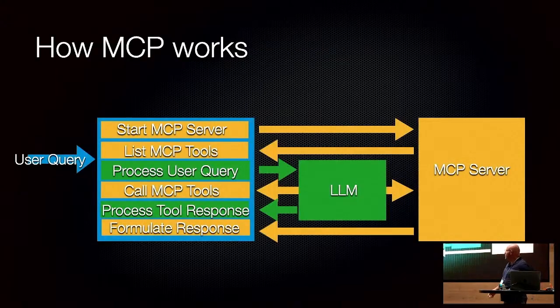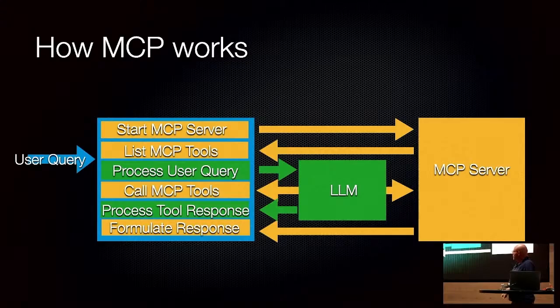So how MCP works is, and you'll see this in the code in a minute, you start up your program and then it starts the MCP server. Okay. And so now you've got your MCP server running, and then it requests the tools that the MCP server provides, right? It says, what can you do?